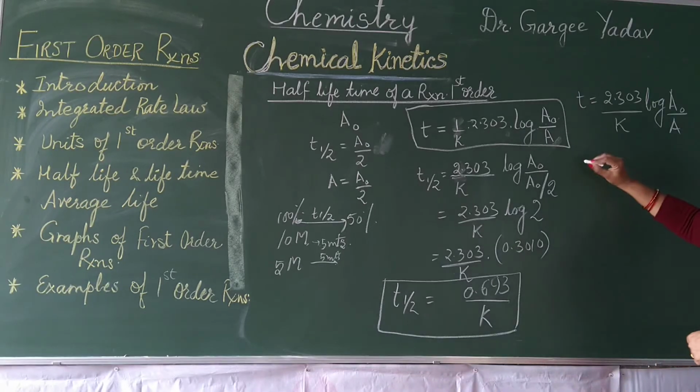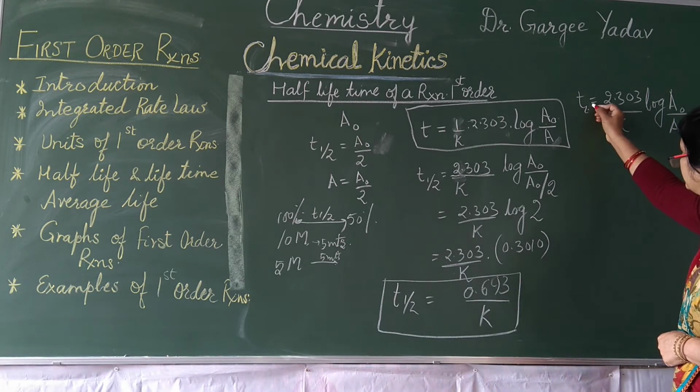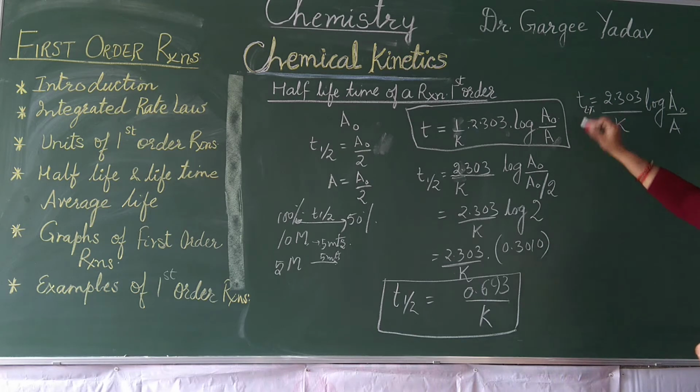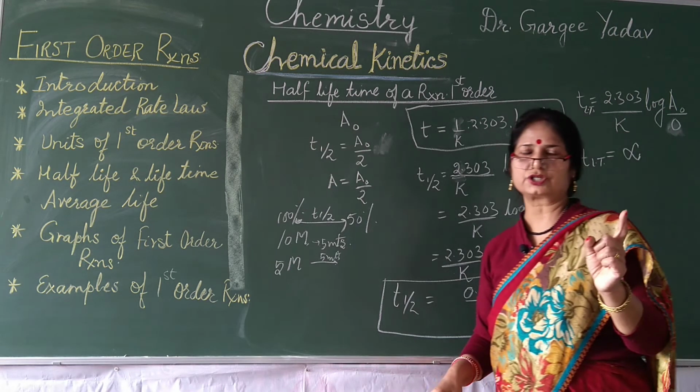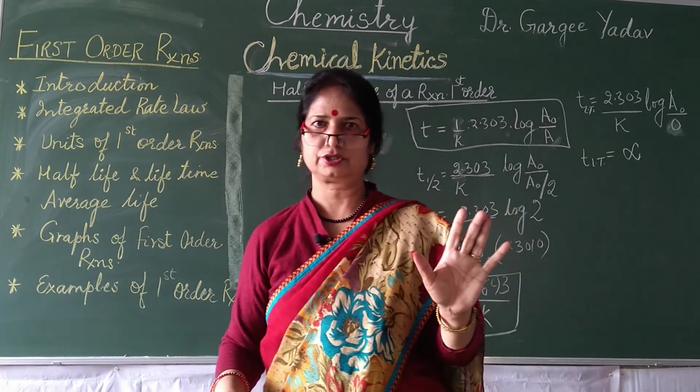So when the final concentration, suppose this is our lifetime reaction. Lifetime, I am getting, means A will become 0. And when this will be 0, that T lifetime will be equal to how much? Infinity. Means a first order reaction is never completed.